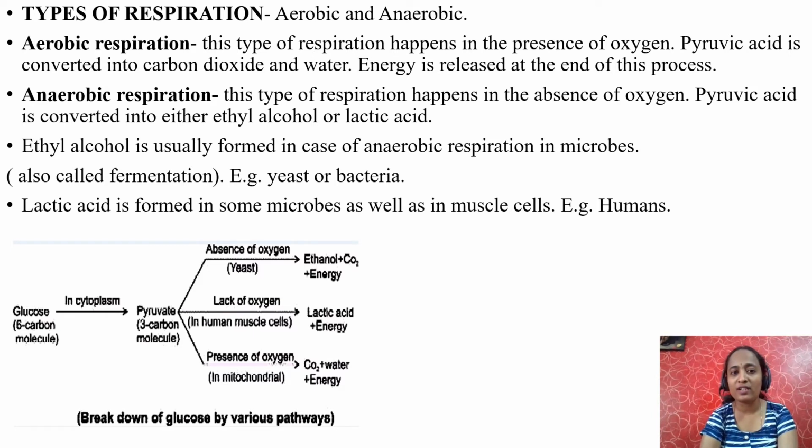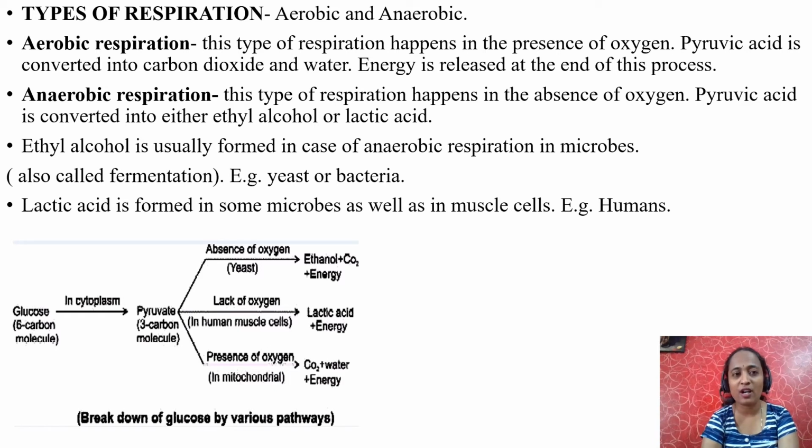Lack of oxygen in human muscle cells: the pyruvate is incompletely or partially broken down into lactic acid and energy. Presence of oxygen in mitochondria: it completely breaks down into carbon dioxide, water and energy. Aerobic respiration takes place in healthy cells, that is human cells. If oxygen is available, glucose is completely broken down into carbon dioxide, water and energy.